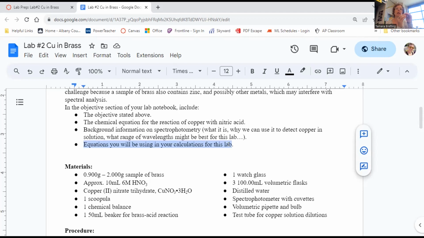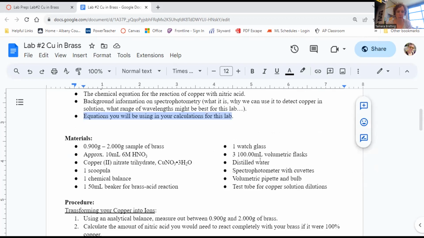Then you're going to dilute it in several dilutions so that you can create that line of absorbance versus concentration that we got for our blue food coloring. You're going to do that for yourself. Once you have that line, hopefully your brass will be all the way dissolved. You'll be able to dilute the resulting solution, test its absorbance. Maybe you might have to dilute it again, test its absorbance again, and then use math to back calculate what the concentration of your copper was in your brass sample.